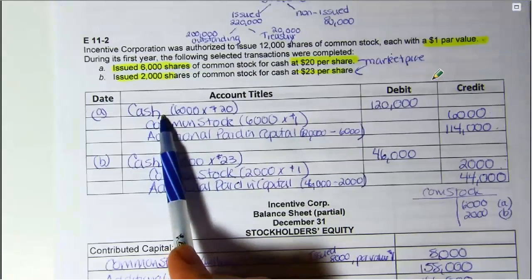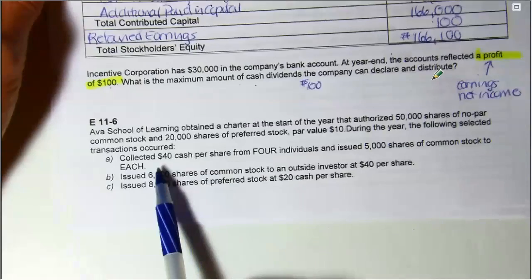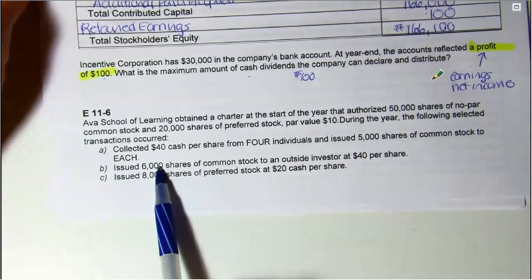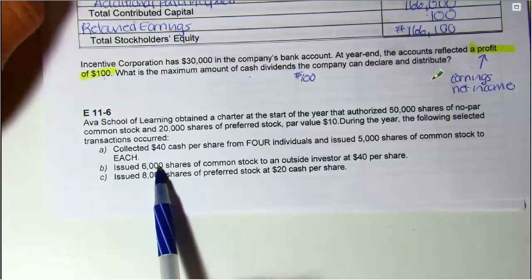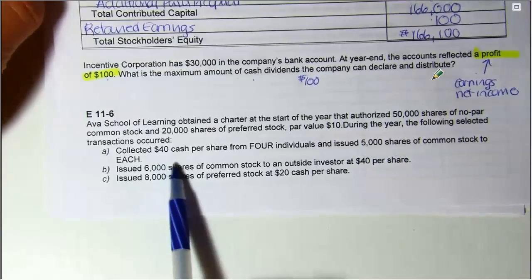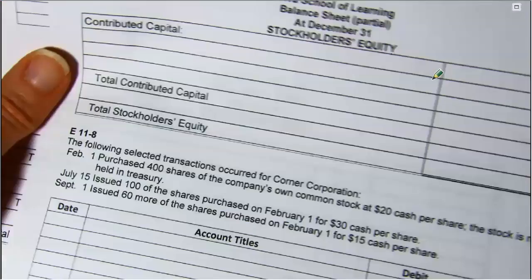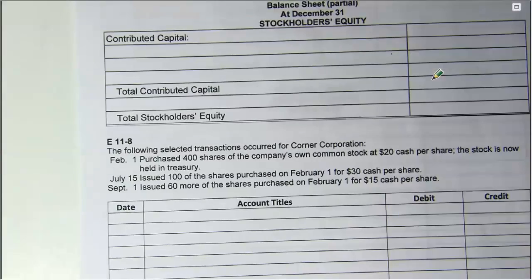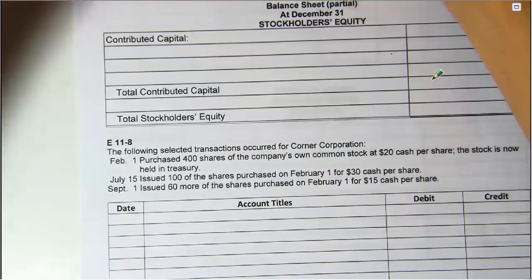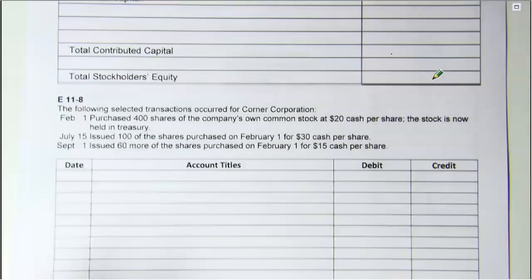This 11-2 is not demonstrated in the mini lecture, but 11-6 is. So if you wanted to watch the mini lecture for learning outcome 11-2, part 1, you'll see this problem demonstrated. So we're going to go to the bottom of page 2 of the worksheet. There. And we're going to do this treasury stock problem.